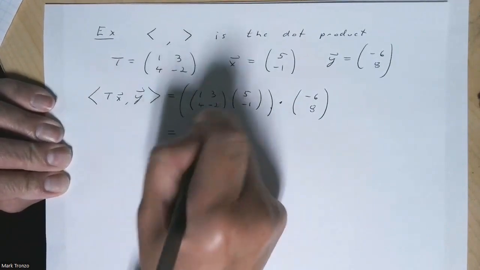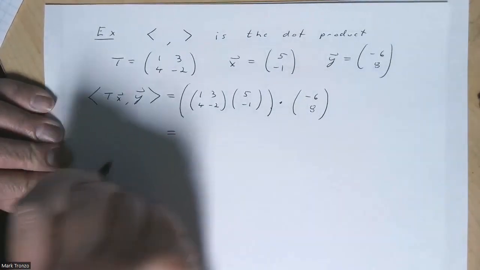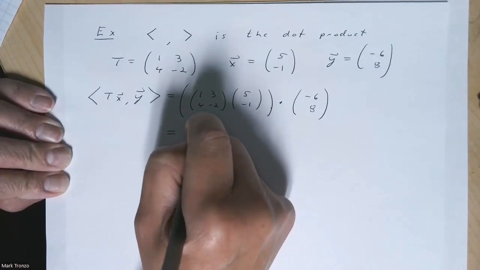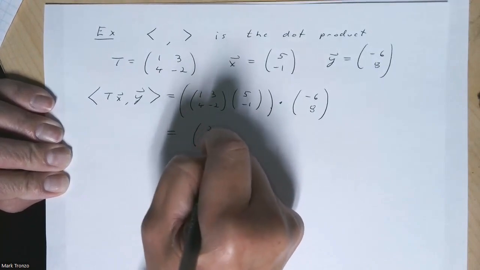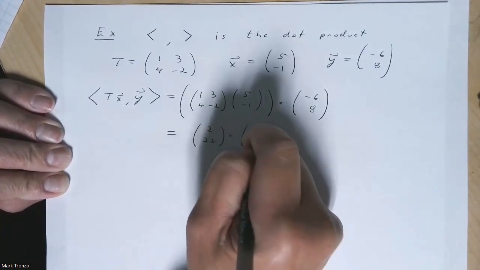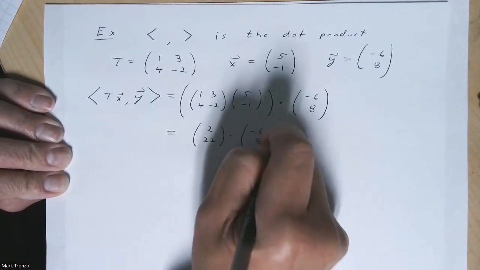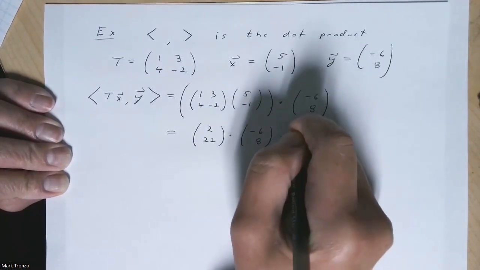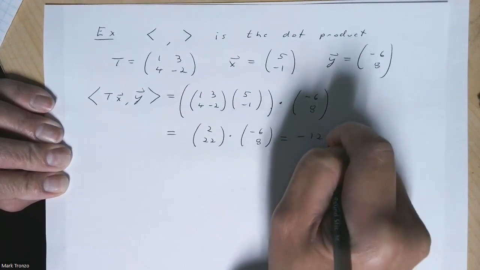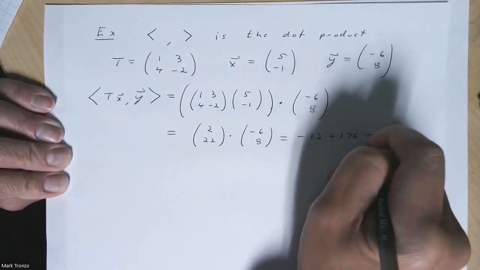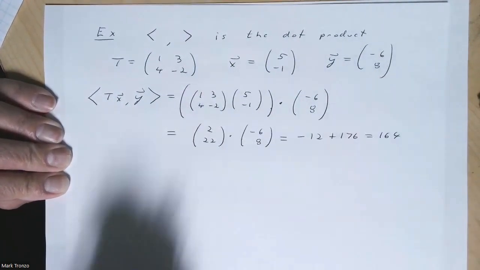And if we work this out, we end up with 22, 2 dotted with minus 6, 8. That'll give us minus 12 plus 176 is 164.